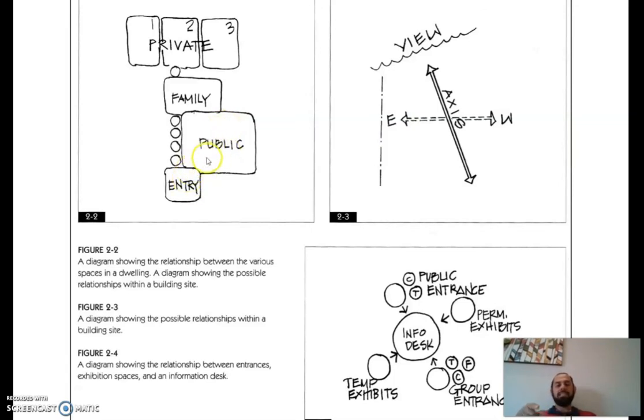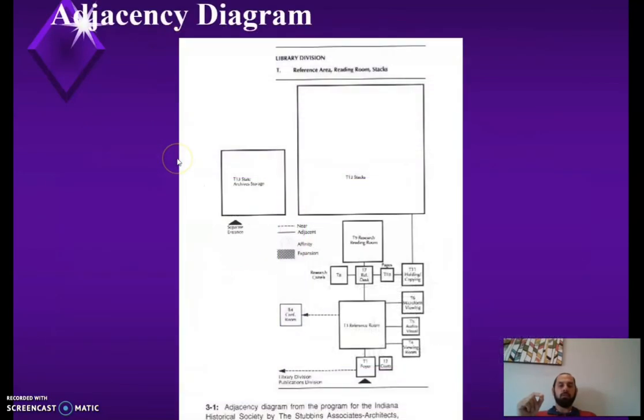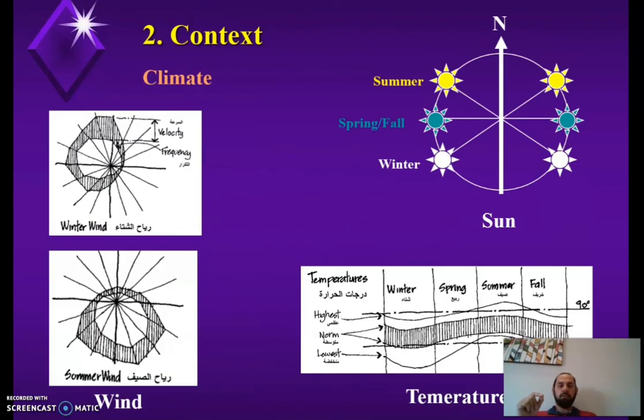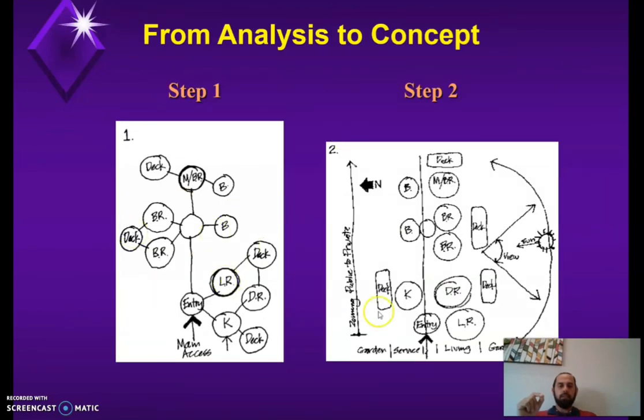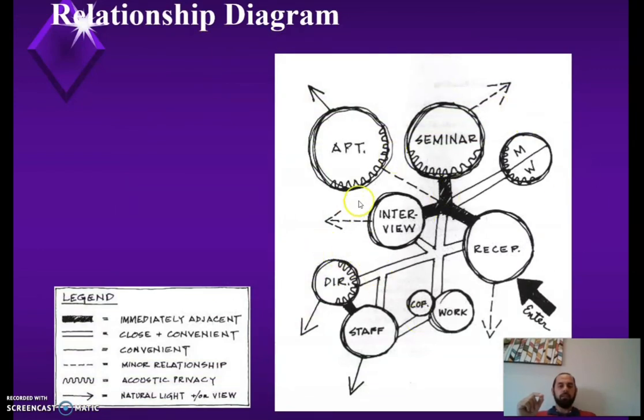So these sizes for these bubbles really reflect the sizes of the spaces that we want to have. So we have entry, public, family. You can see that the sizes of these bubbles are different depending on the size that we want to make. Let me show you here. Maybe we have it here also. See here the relationship between the spaces, also here, also here, it's more obvious. So relationship diagram. This is a relationship diagram, zoning, bubble diagram.